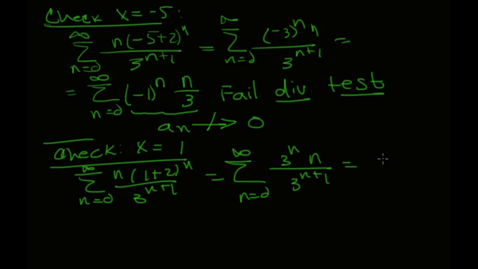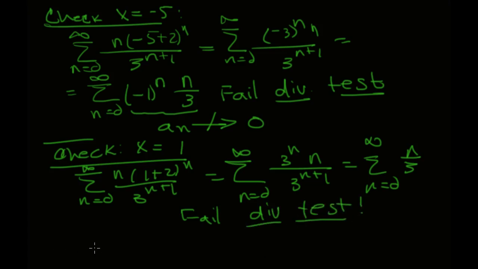There are some cancellations here, leaving me with the sum from n equals 0 to infinity of n over 3. Again, that value is not going to 0, it's going off to infinity. So this also fails to converge by the divergence test. So ultimately, my interval of convergence will not have negative 5 or 1. It has neither of them. So there is my interval of convergence.